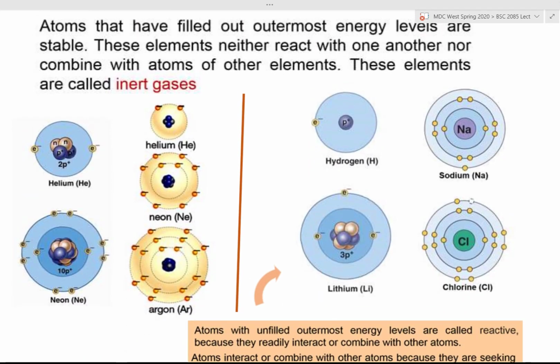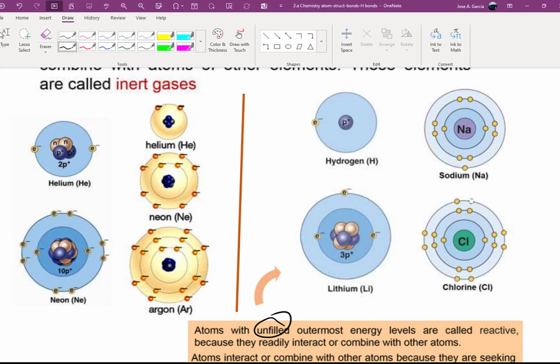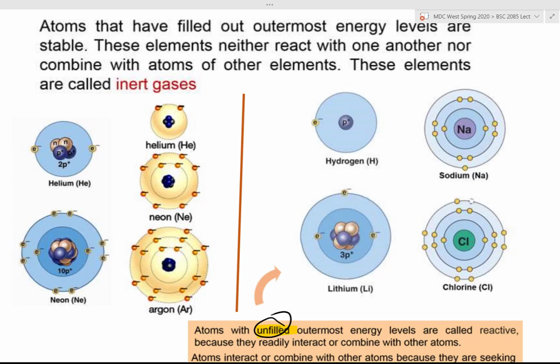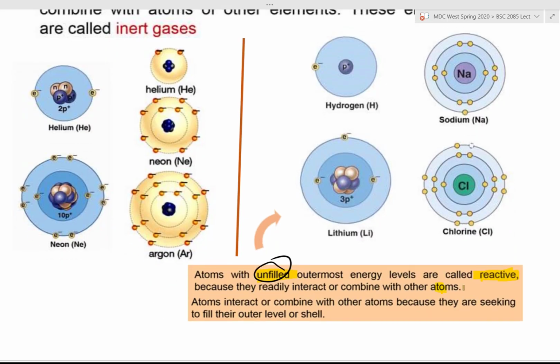So, atoms, if the outer shell is not filled, then what's going to happen? Then they're going to tend to become what? Reactive with other atoms. So until they reach what? The stability, the full electron shell. Now, by doing that, this reactivity to other atoms is going to cause what?